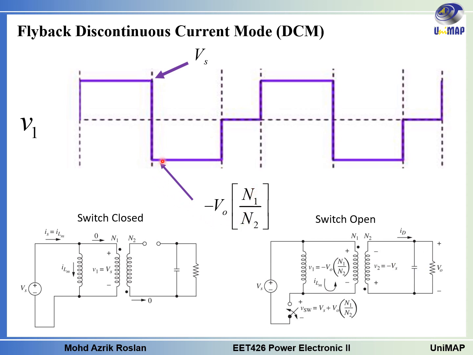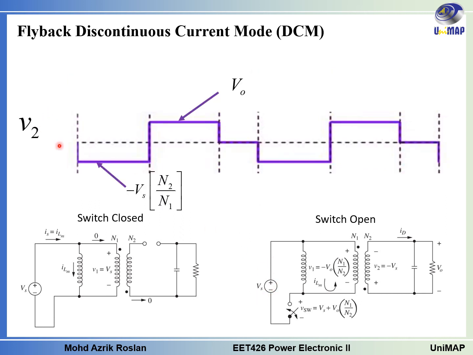But after the current ID reaches 0, the voltage experienced by V1 will be 0. It has to wait until the next switching cycle when the switch is turned on again, so it will receive the voltage from Vs here.